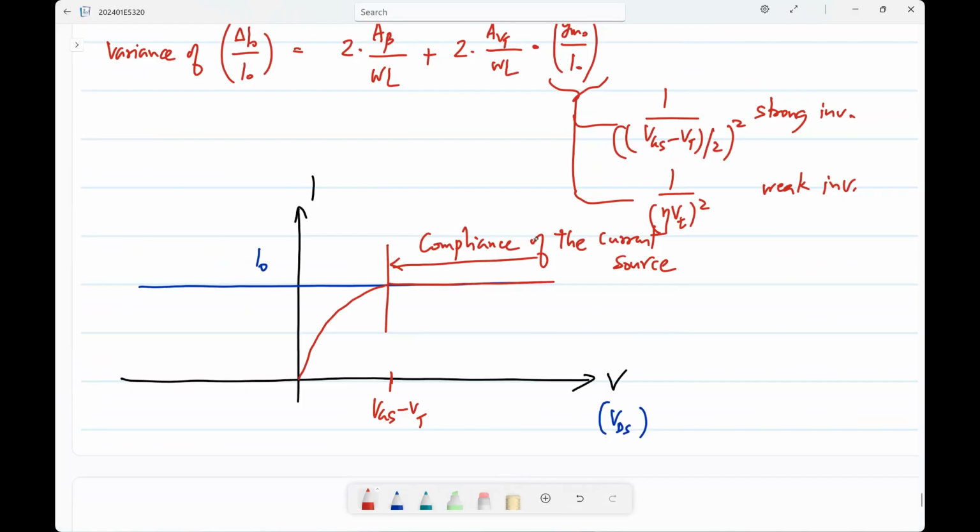So this is a simple example. You can extend this. You can, for instance, try to see what happens with a 1:n current mirror instead of a 1:1 current mirror and so on. So the bottom line is mismatch can be analyzed using small signal incremental analysis, which is something you are very familiar with, which is what you always use. It's just linear analysis.